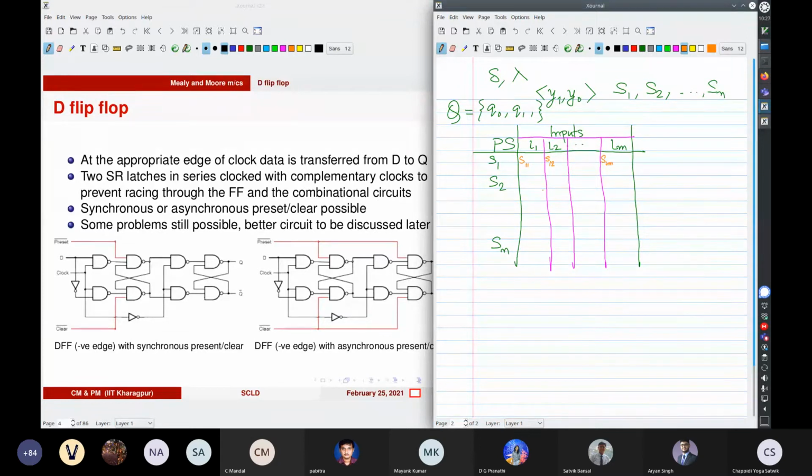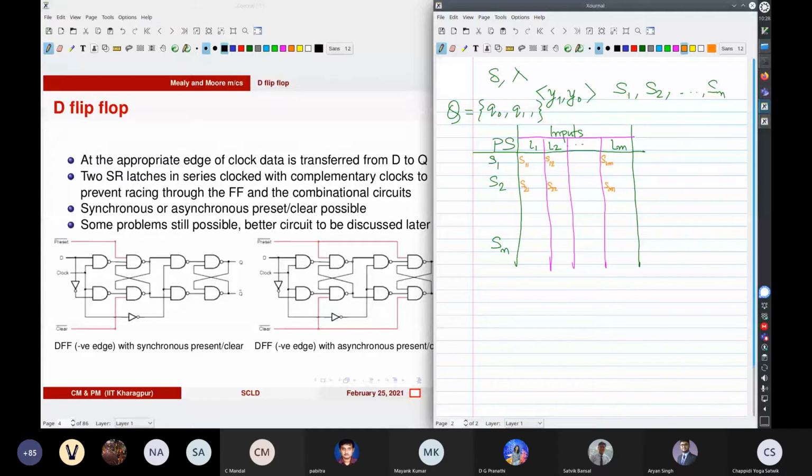Then this one is S21, S22, S2M, and so on. So that means I'm in state 2, I get some input, and as a result of that input, I make a transition to some state.